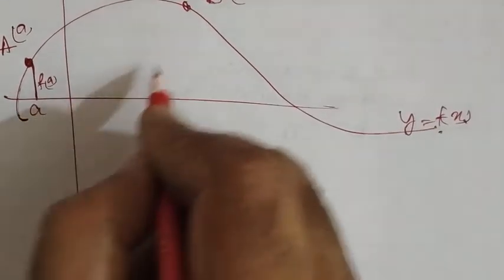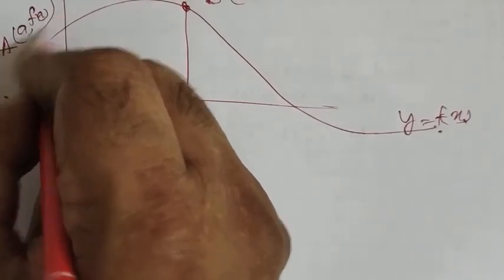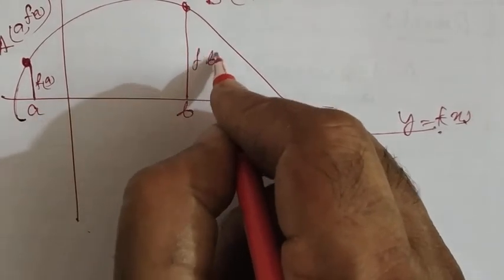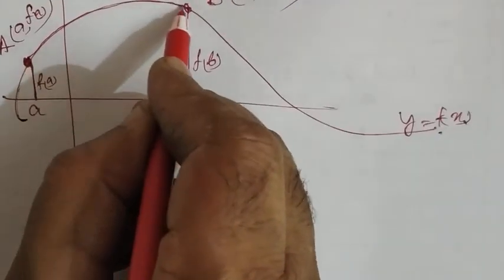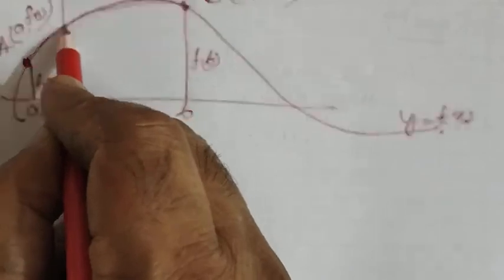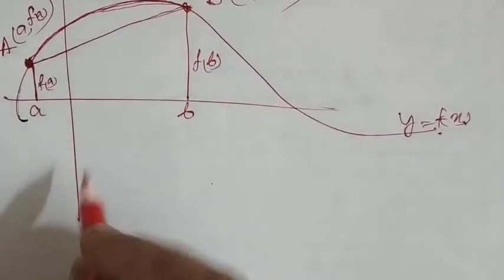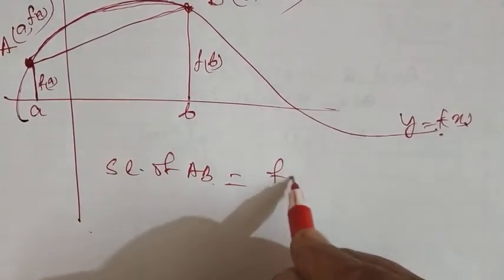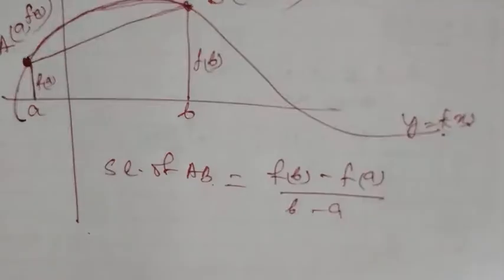And for B, x coordinate is B and y coordinate is f of B. Now there is a continuous graph. Getting the idea? So if there is a continuous graph, then if I join AB, what is slope of AB? FB minus FA by B minus A.